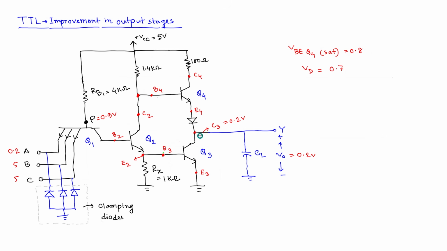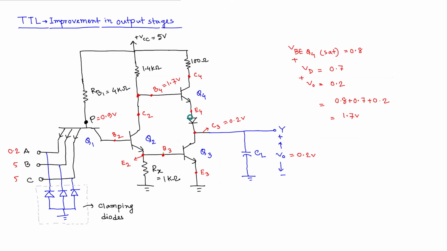Still, across our output we have 0.2, so V0 is equal to 0.2. We have to add all of them: 0.8 plus 0.7 plus 0.2, which is equal to 1.7 volt. So we are going to get 1.7 volt at V4, which will make Q4 saturated.